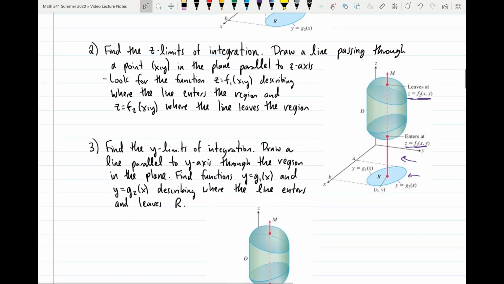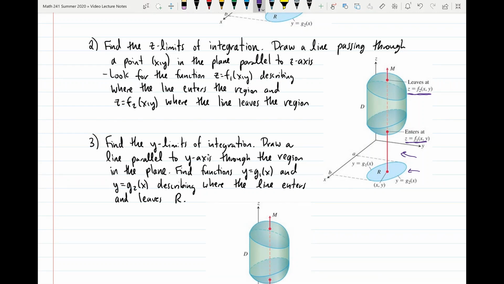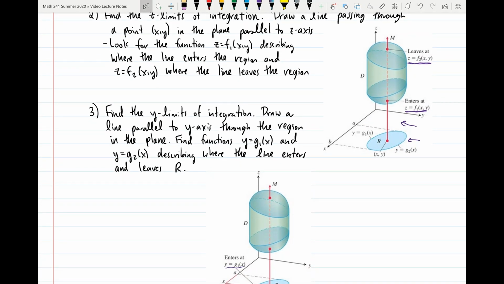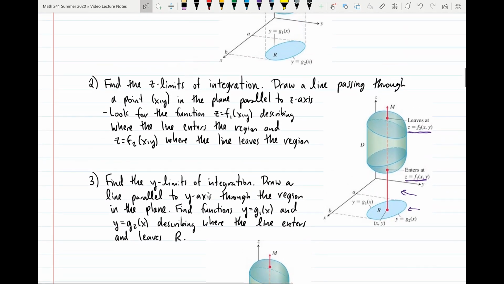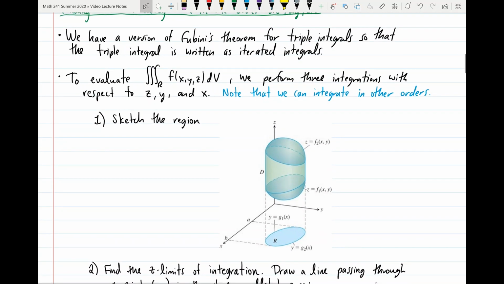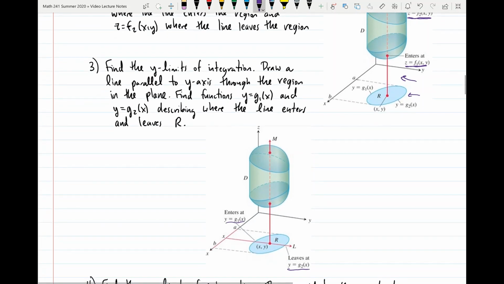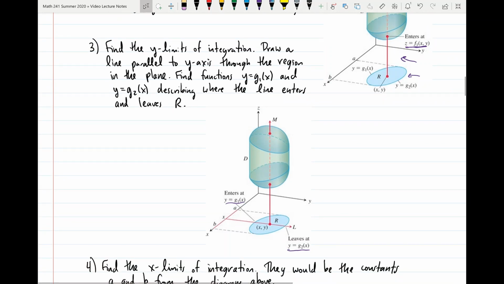And so after we have the functions in 2 variables that give us the upper and lower limits for z, we can move on to finding the y limits of integration. Again, this is because I had specified that we are taking the integral with respect to z first, then with respect to y, and lastly with respect to x. So that's why we're moving on to the y limits of integration second. To do this, we're going to focus specifically on the region R that's in the plane.